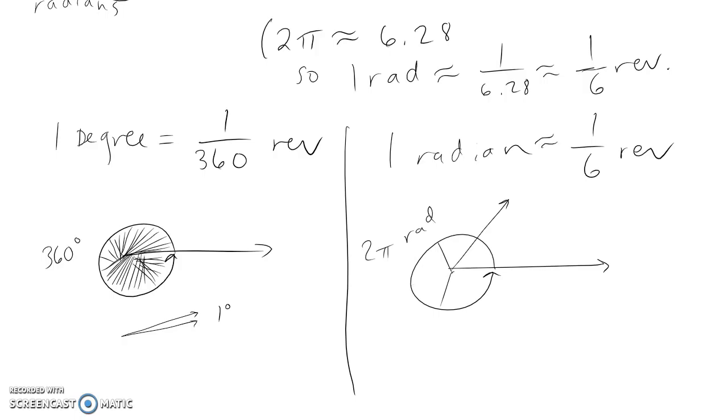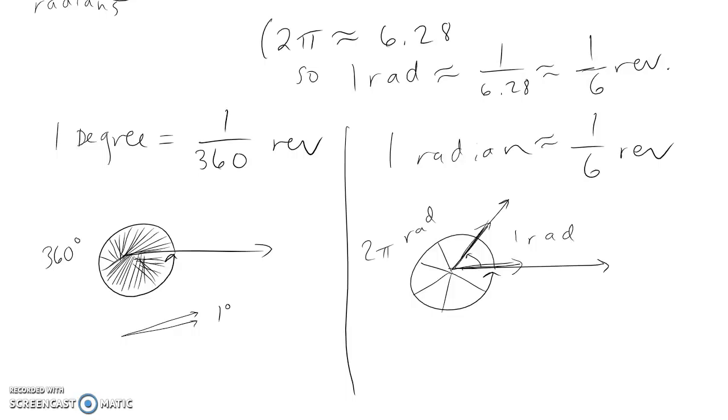That's not going to be the right size. Let me redo that. 3, 4, 5, 6, and then of course we have to have the 0.28 back. So right here, this angle measurement, from here to here, that's 1 radian. So it's a lot bigger than a degree.